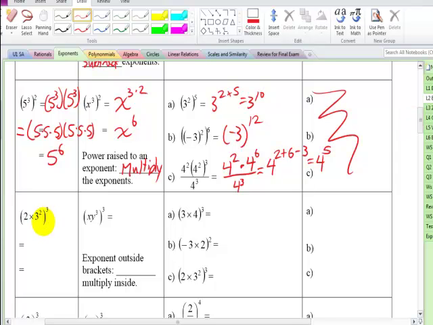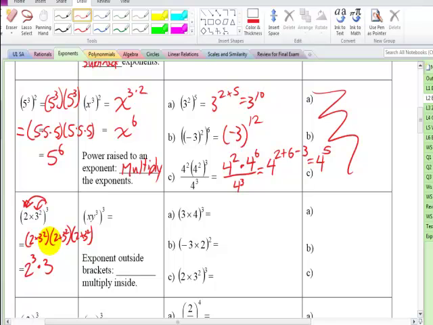And the last one here, so you got a couple more. This represents 2 times 3 squared, 2 times 3 squared, 2 times 3 squared. So this exponent 3 applies to both parts. So this would be 2 cubed times 3 exponent what?